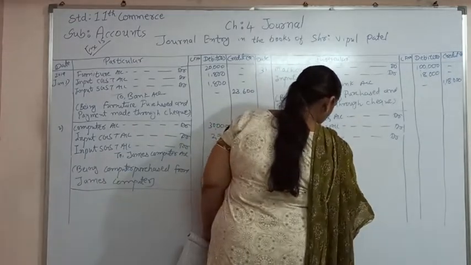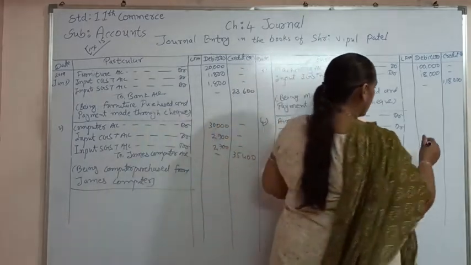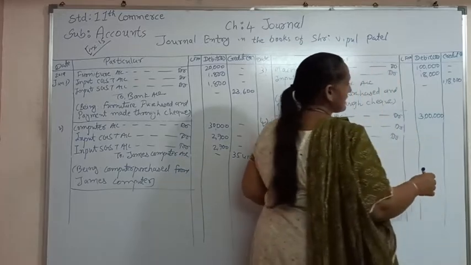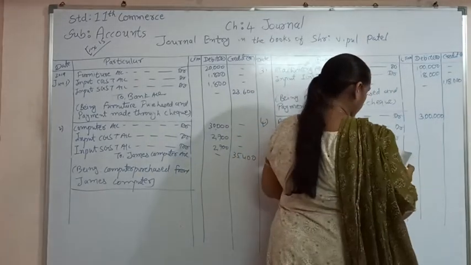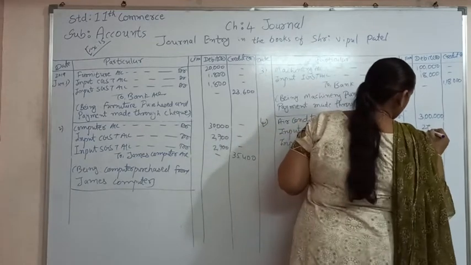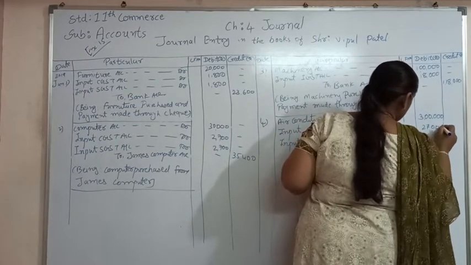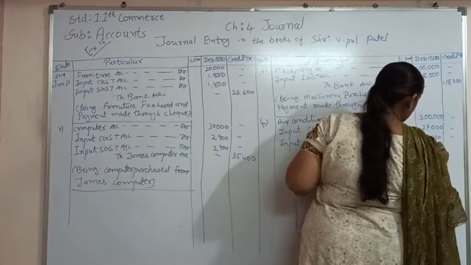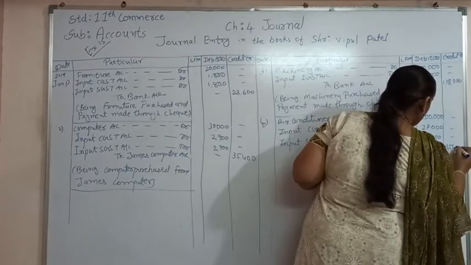To bank account. Here we have purchased the air conditioner of rupees 3 lakh, and 9% of 3 lakh will be 27,000. So 27,000 will be CGST, 27,000 will be SGST, and the total of this will be 3,54,000.